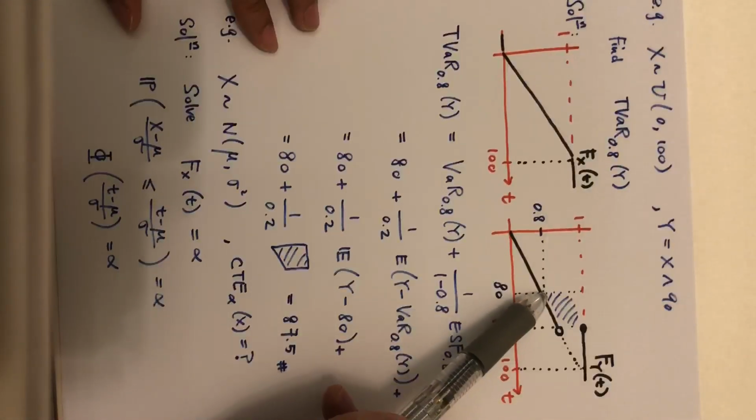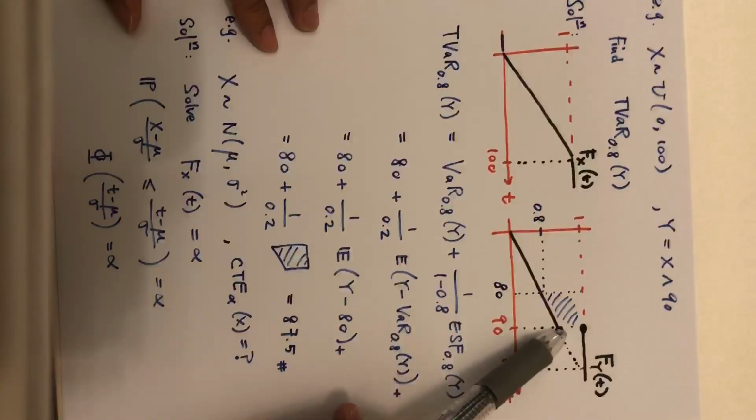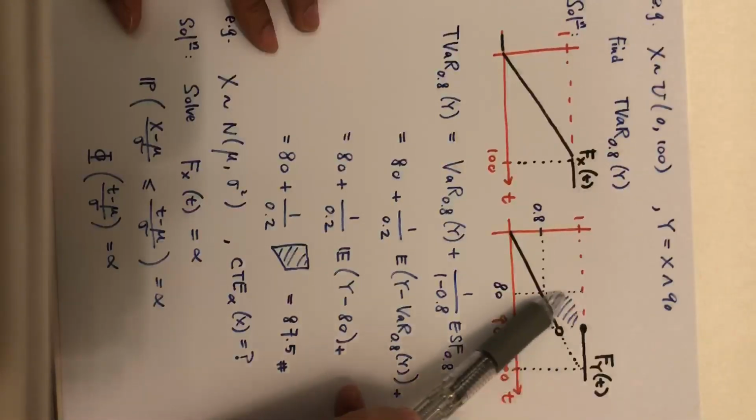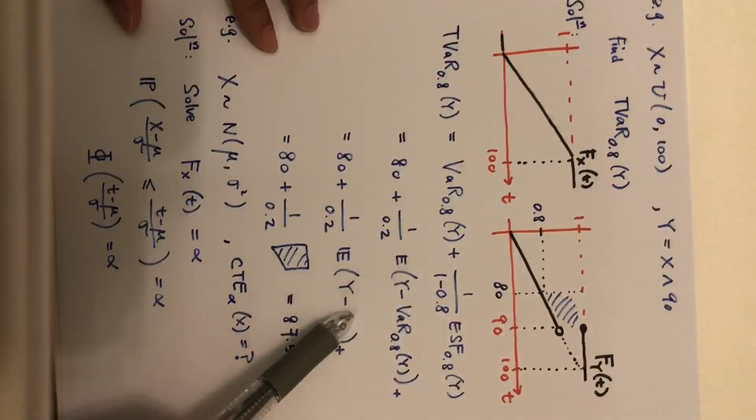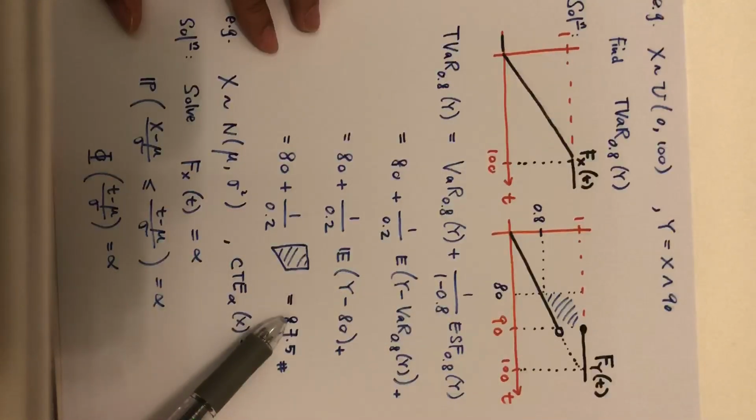So we need to find the area of this region, which is very easy to compute. We put it here, and then we get 87.5.